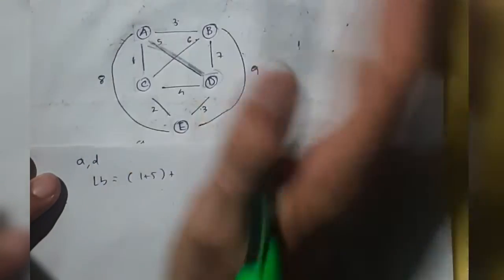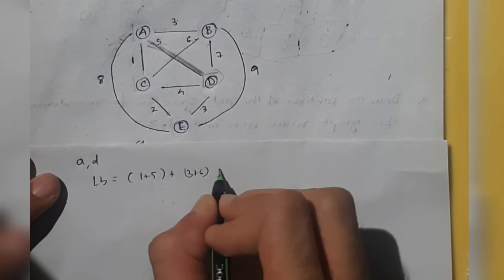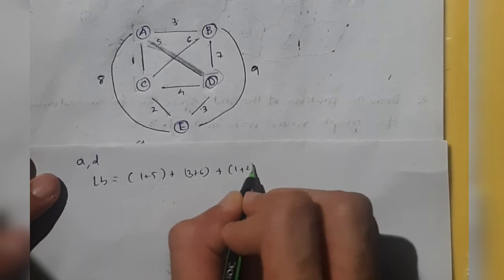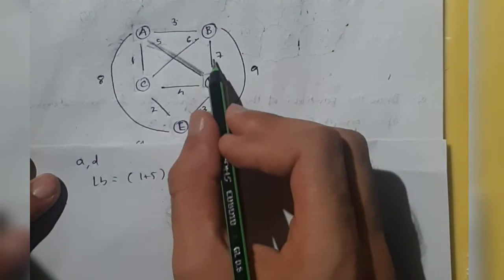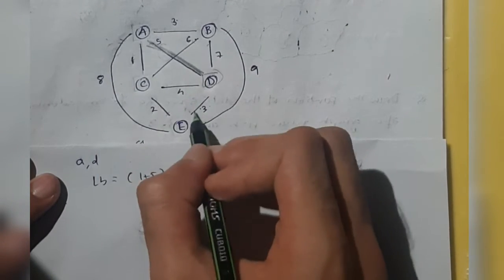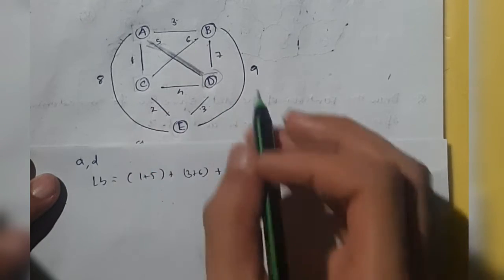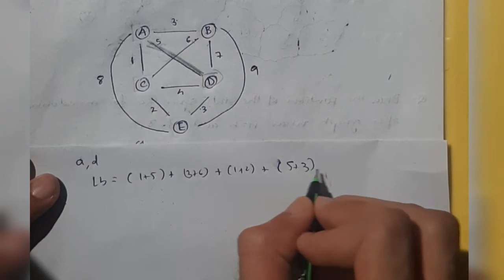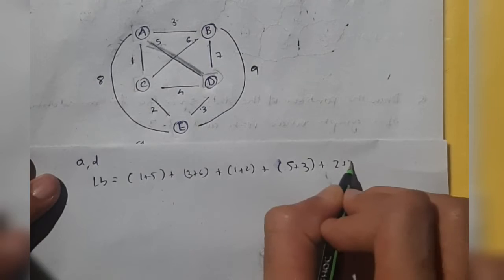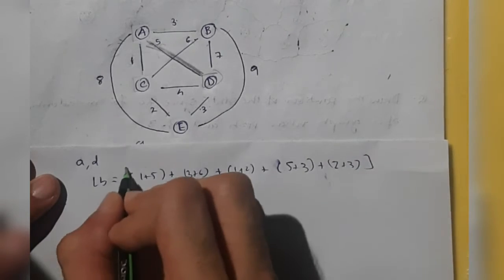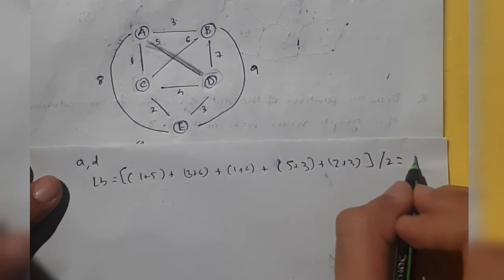Then from B it's not directly connected, so 3 and 6. From C also it's not directly connected, so 1 and 2. From D it is 5 is selected, so the remaining edges are 7, 4 and 3. The minimum is 3, so we'll be selecting 5 and 3, plus 5 plus 3, plus from E it is not directly connected, so it will be 2 plus 3, and this answer divided by 2. We will get 16.